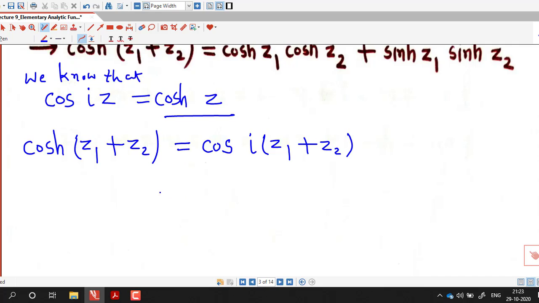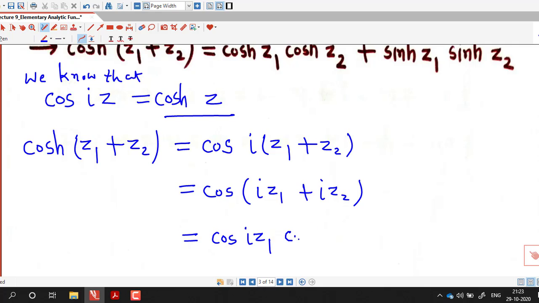Now we use the property of the cosine function. Cosine of (iz1 plus iz2). This I can write as cos iz1 cos iz2 minus sin iz1 into sin iz2.